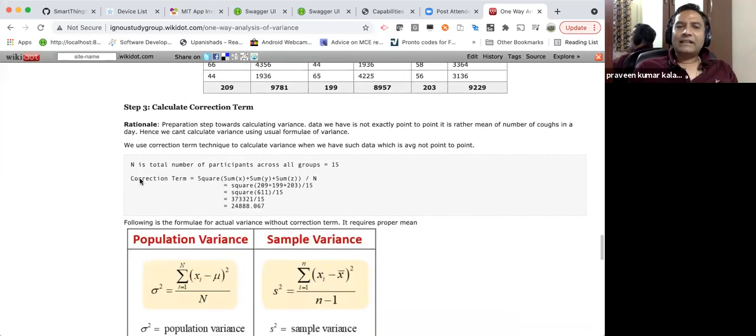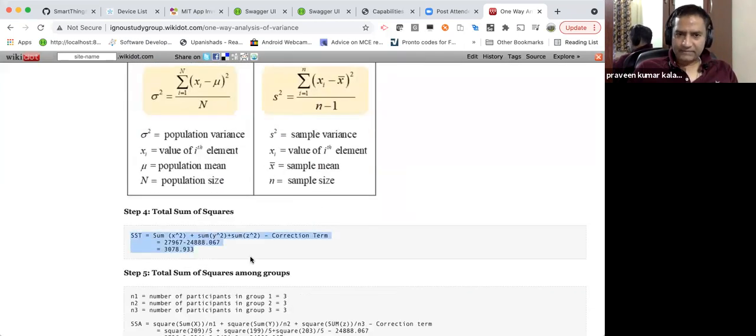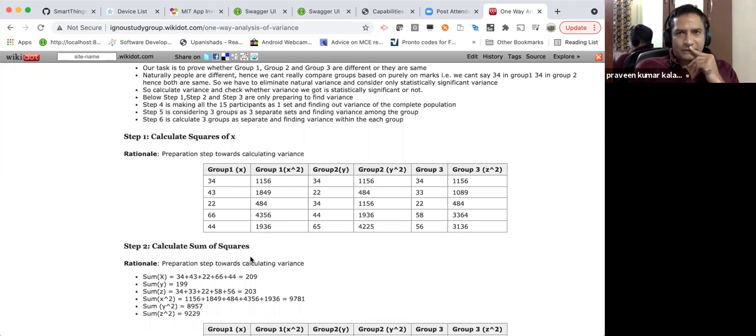Hence, you calculate this correction term and then you calculate the variance. Otherwise, the concept of variance, what variance means, and all the fundamentals related to variance remain the same. So are you guys with me until now?